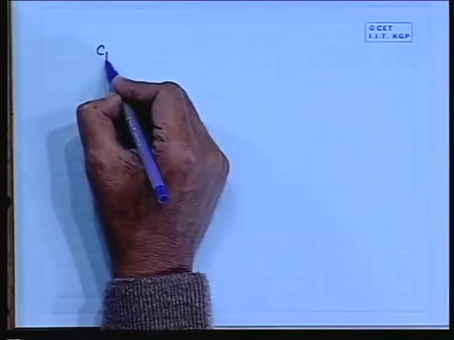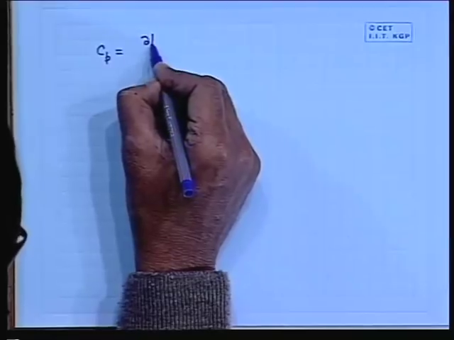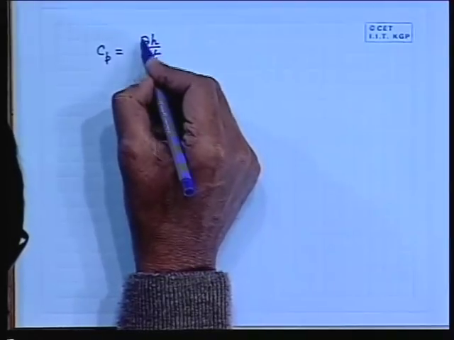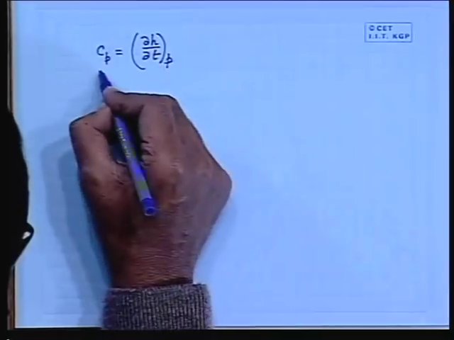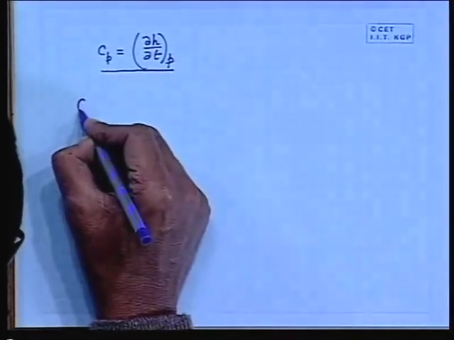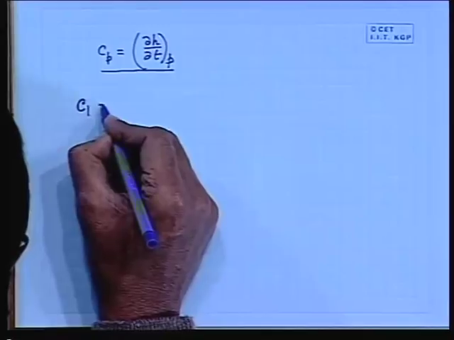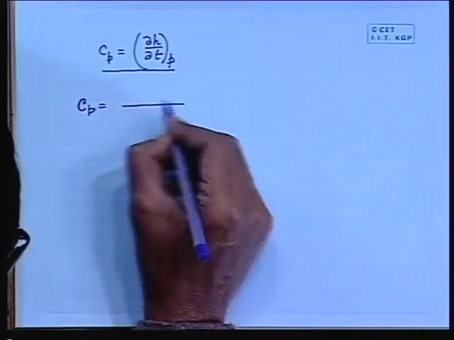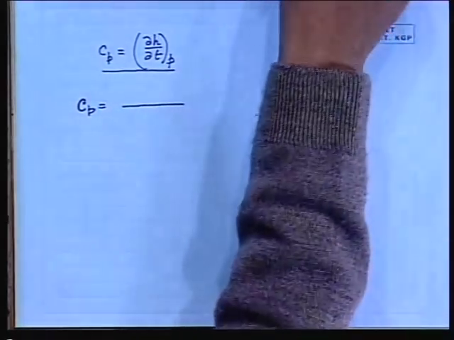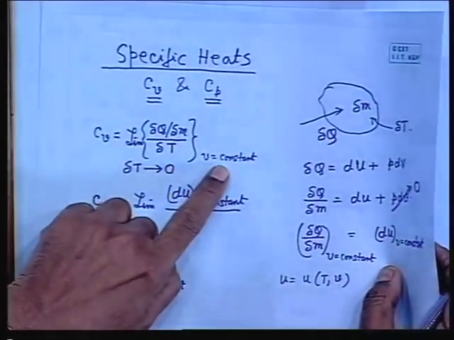In a similar way, we can prove that Cp is del h del T at constant pressure. How? Let us define Cp, small c p, as we know only the process constraint has to be changed, that means it is the same thing at constant pressure.